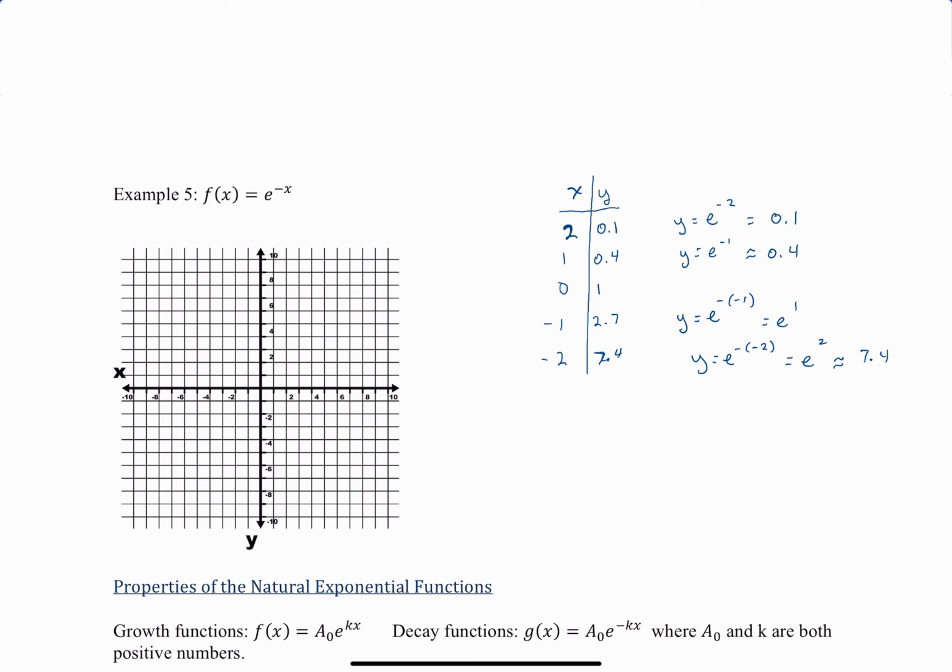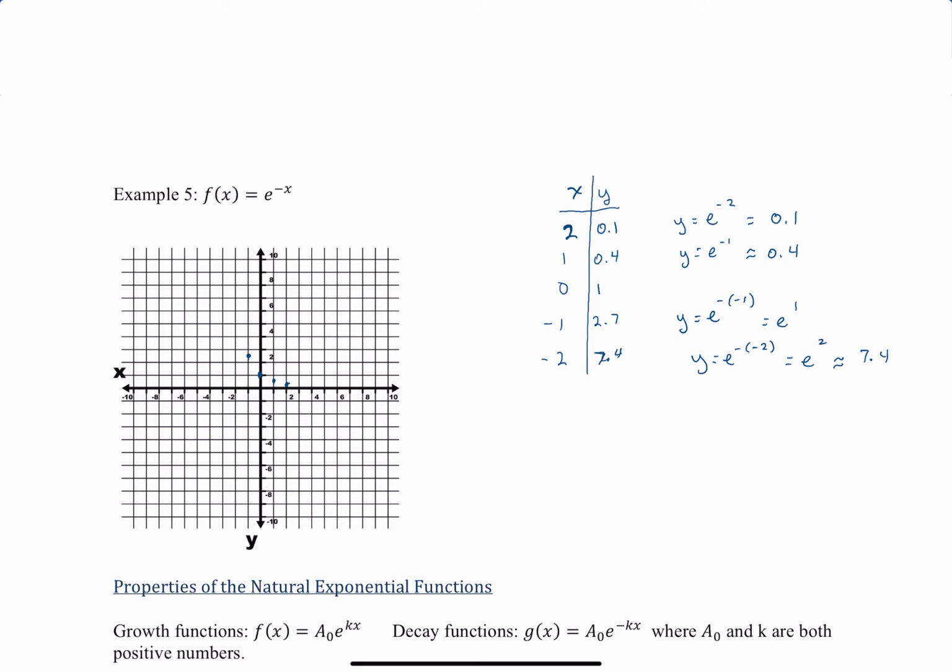Let's plot those. So I have 2 and 0.1, which is really close to the x-axis. And I have 1, 0.4. That's just about there. I have 0, 1. -1, 2.7. That's more like there.